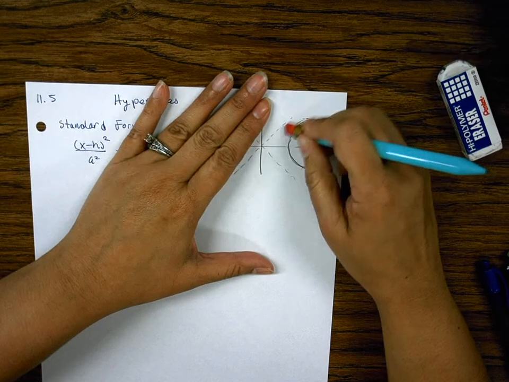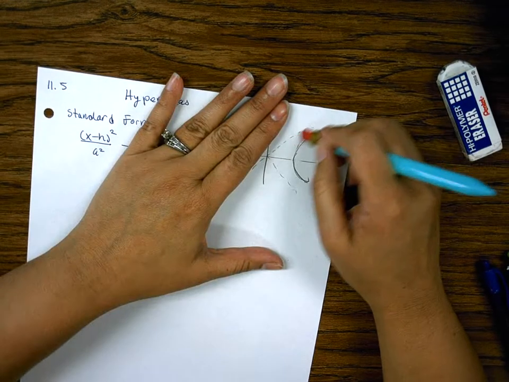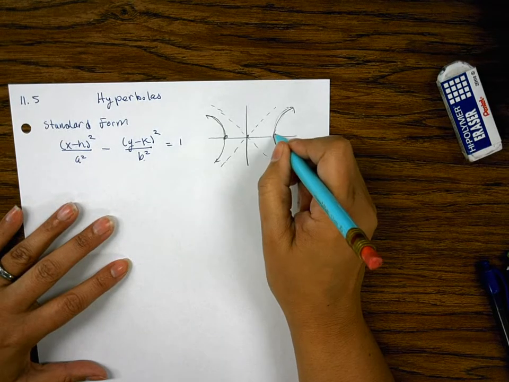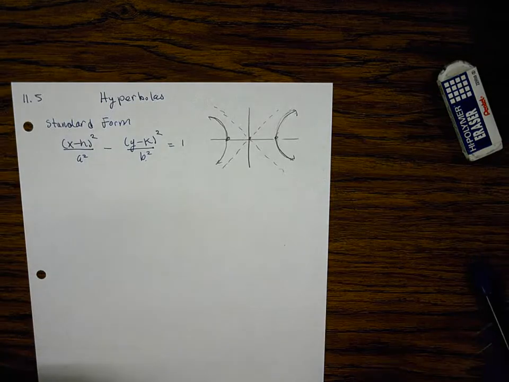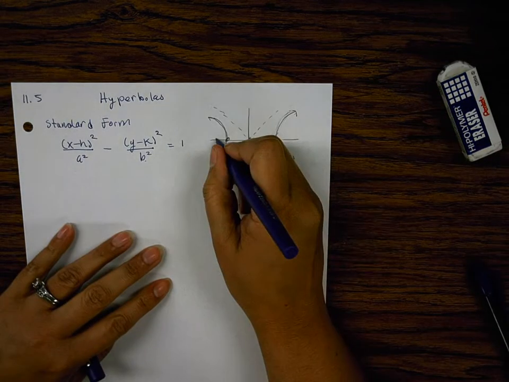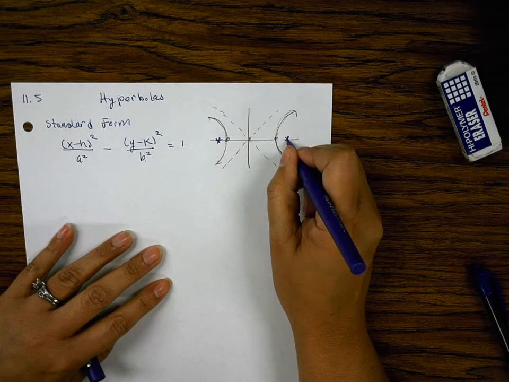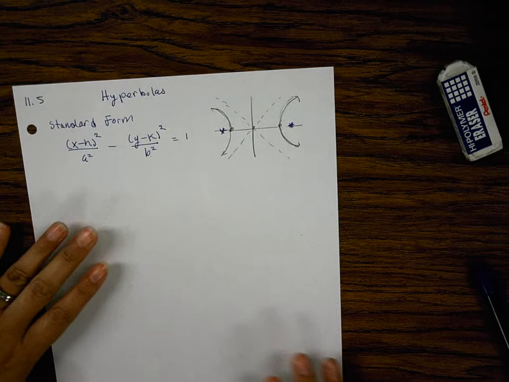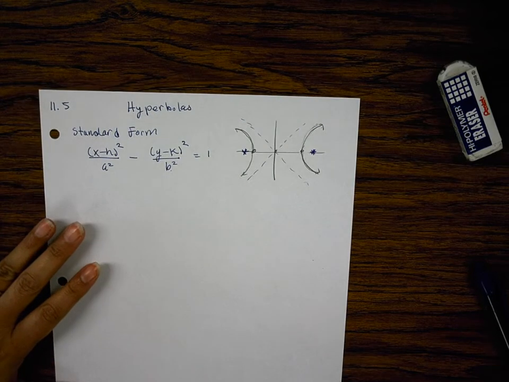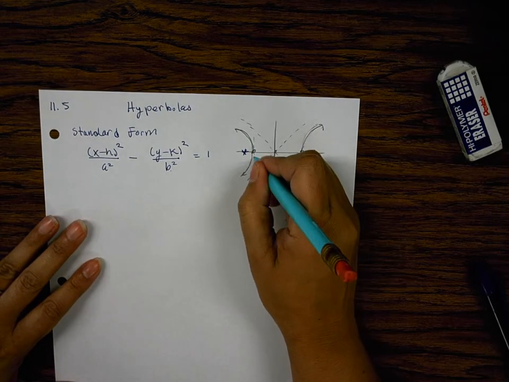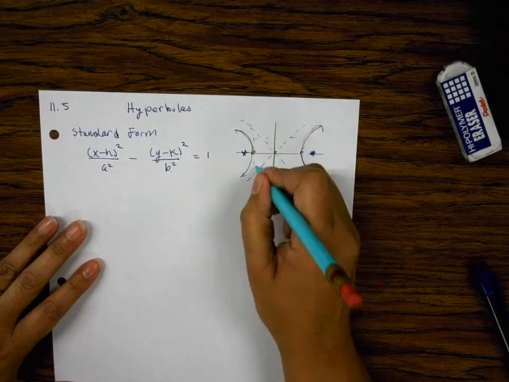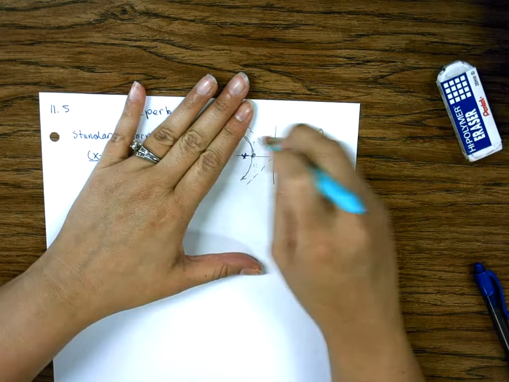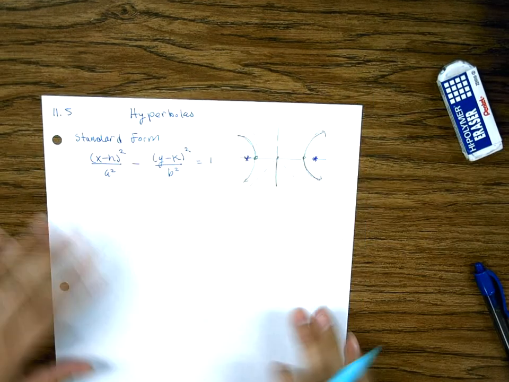Your vertices, this would be your center, these would be your vertices, and your foci are always inside the cups. When we draw our box shape, which we will be doing eventually, the foci will be outside your box shape, which we will see once we start drawing them.